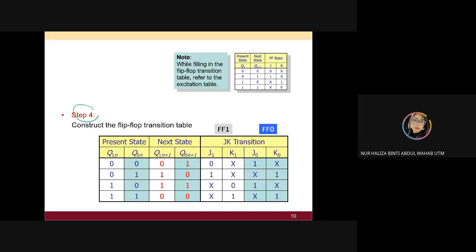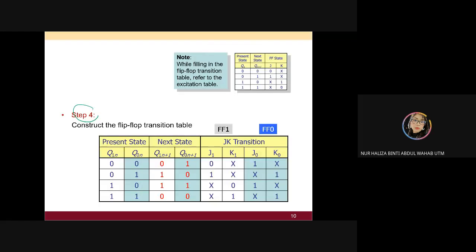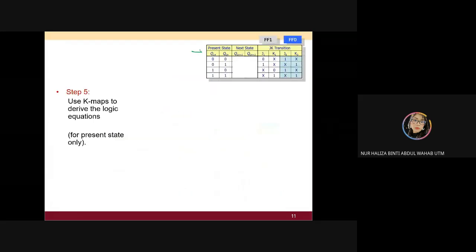After this, you're going to do the K-map things. How you're going to do? Okay, by referring for the similar transition table, we bring it here. We just want to see this present state and the JK transition. Do the K-map. How? So you're going to do and assume last time you have A, B input and then you have the output 0, 0, 0, 1, 1, 0, 1, 1.